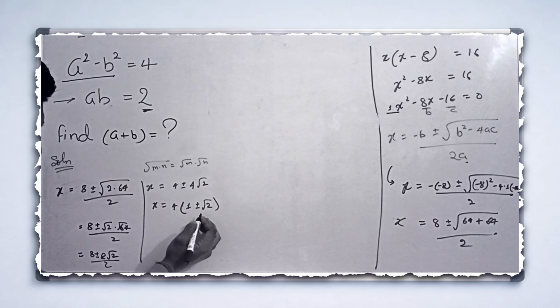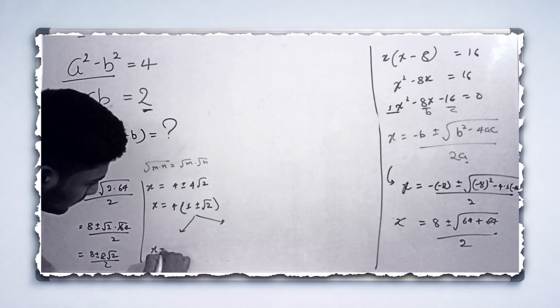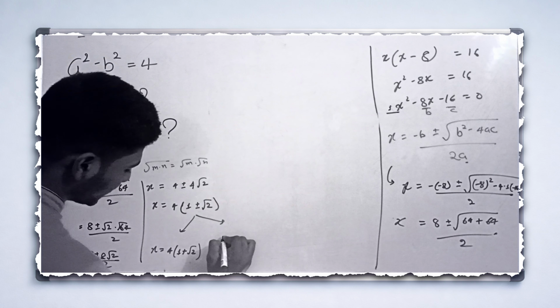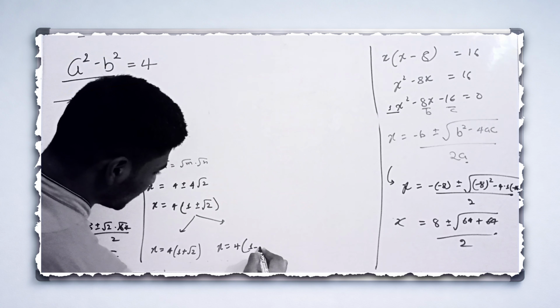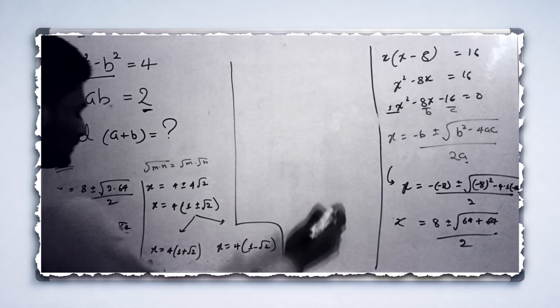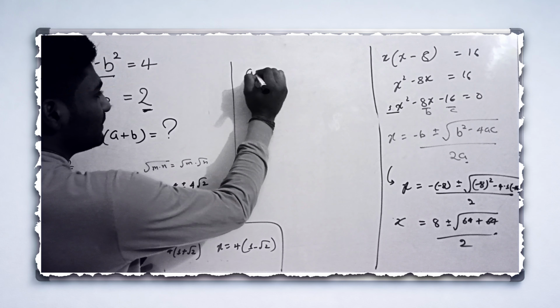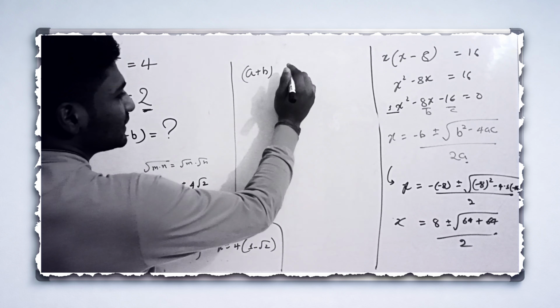So now either x is equal to 4 times 1 plus root 2, or x is equal to 4 times 1 minus root of 2. So we have got the value of x. But our x was a plus b whole square.